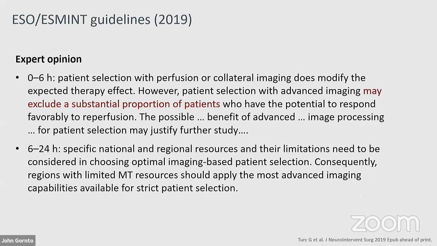But again, I think my major line of defense is that thrombectomy doesn't harm people. And if we do advanced imaging, we exclude a substantial portion of patients who may benefit even without a clear target mismatch profile.